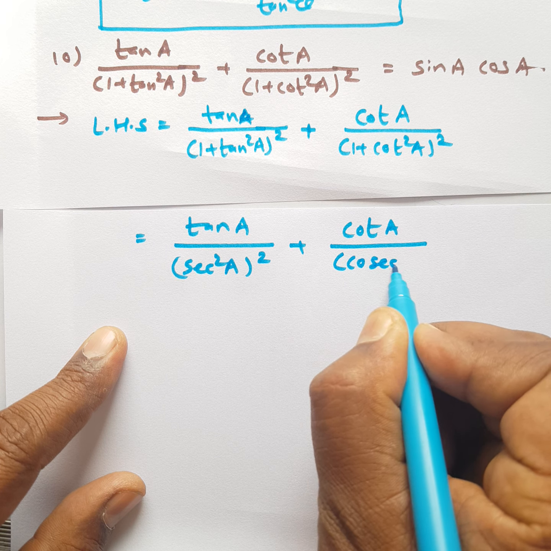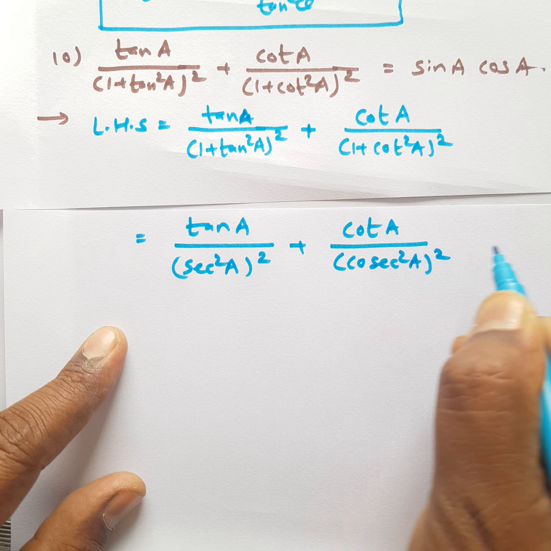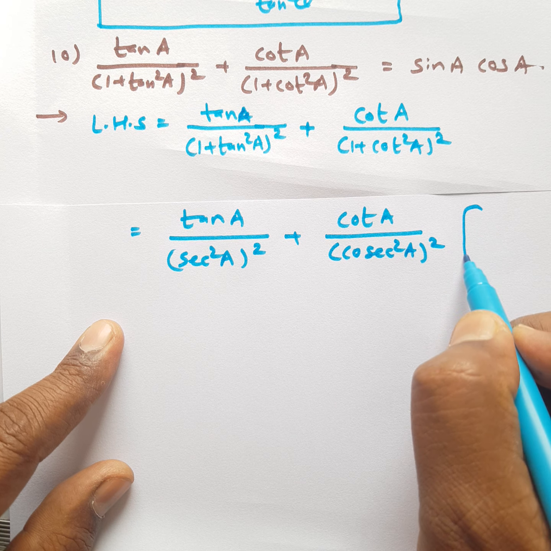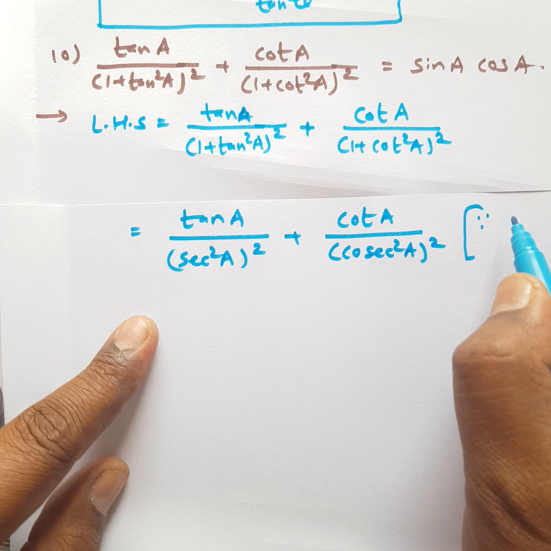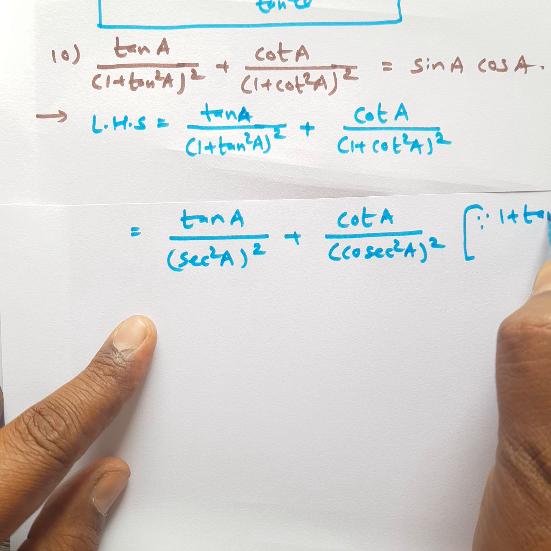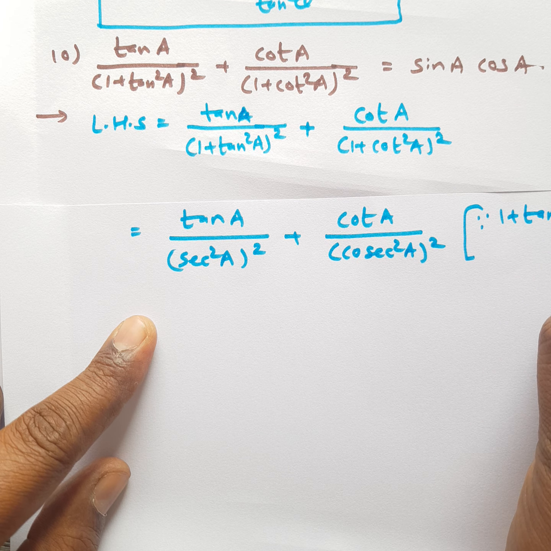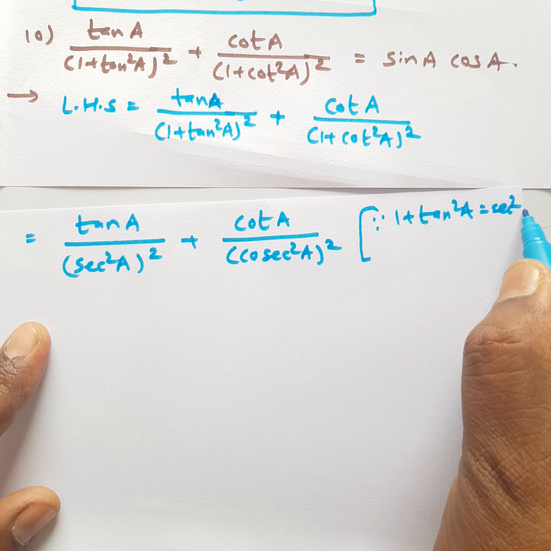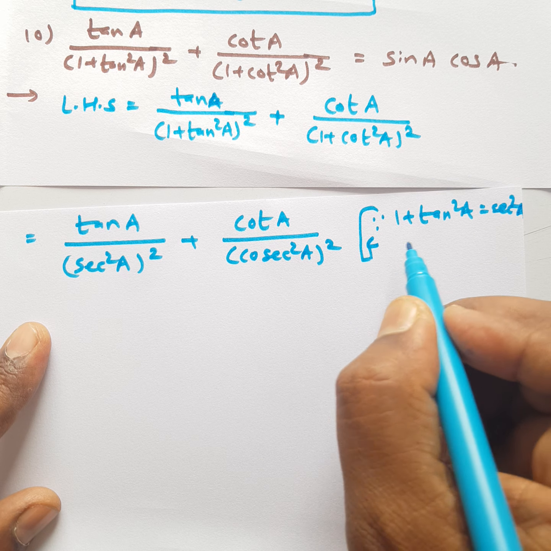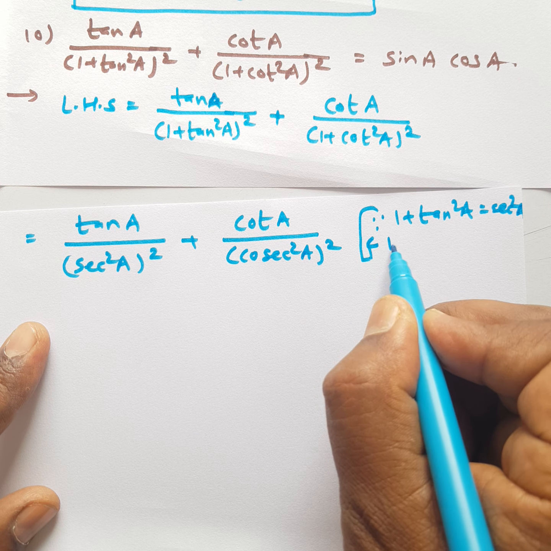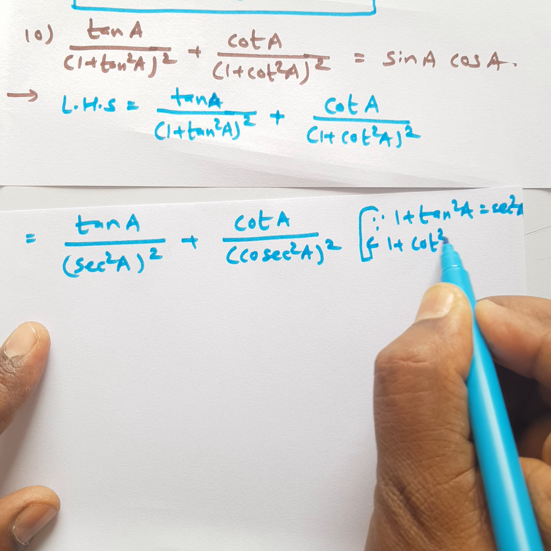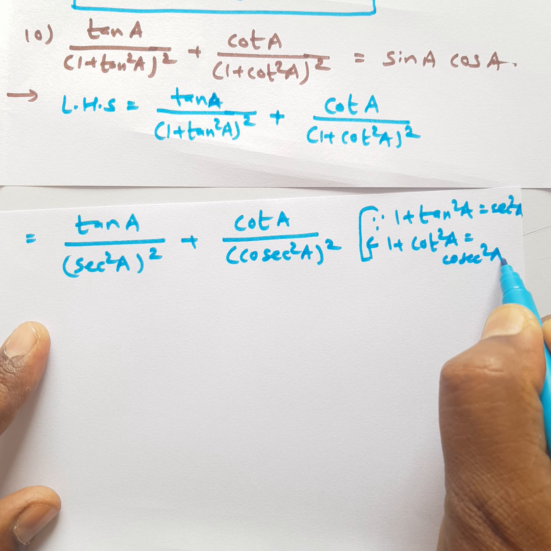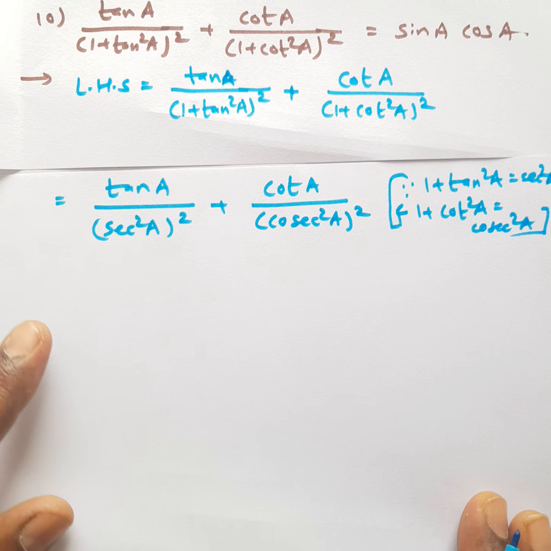Therefore we can write cosec square a bracket square. It is the left hand side. We can write it by the reason that 1 plus tan square a is equal to sec square a, and 1 plus cot square a is equal to cosec square a.